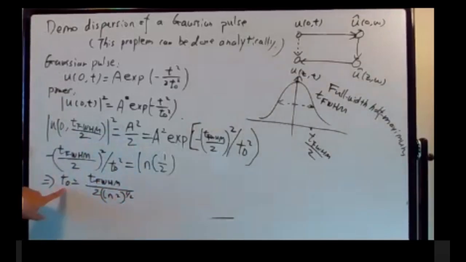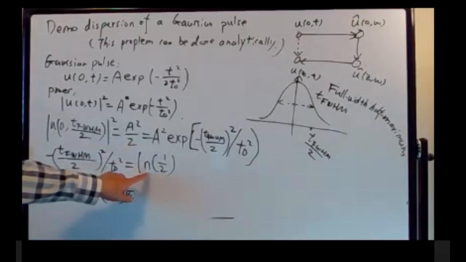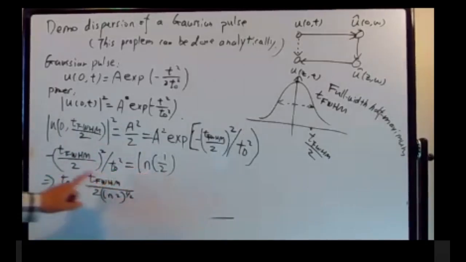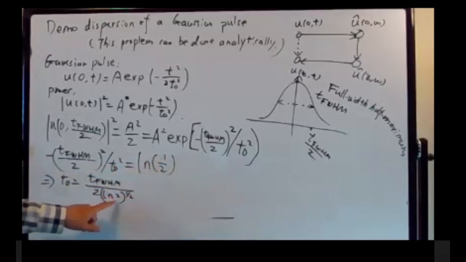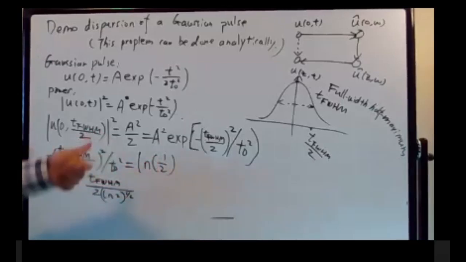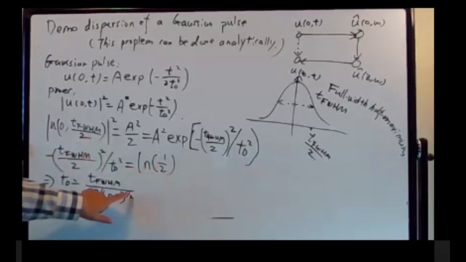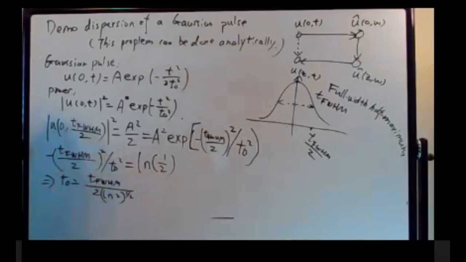So T naught is T full width half maximum divided by 2 because there's a 2, right? And then we move the natural log half to the left-hand side. And it should be natural log of half because of the negative sign, so flip. So it's natural log of 2, but square root, because originally we have square here.